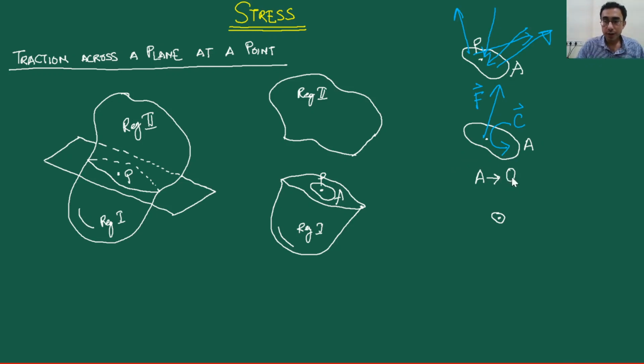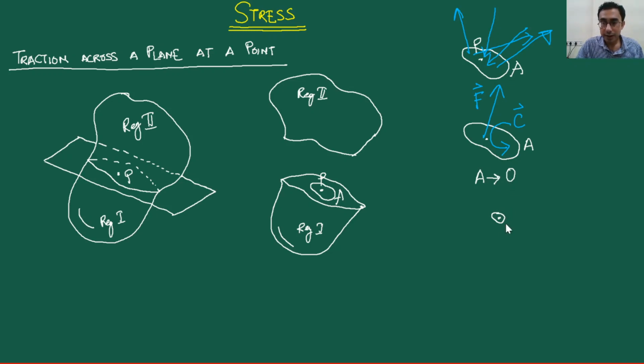Now, if we are decreasing the size of this area A, the length of that moment arm is also decreasing, is it not? So I repeat, the way that this couple is calculated is effectively by taking the cross product of a moment arm and a force.